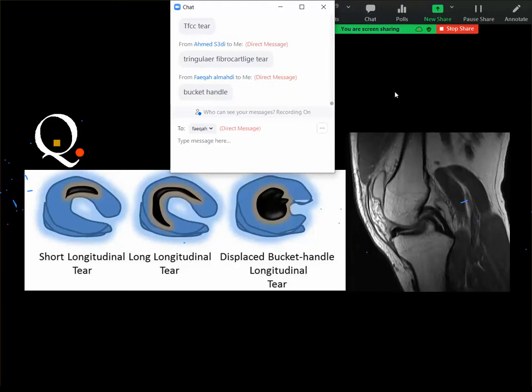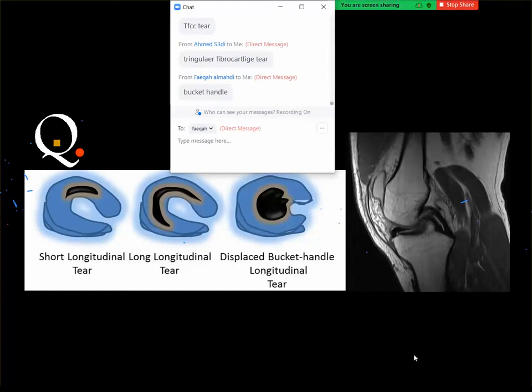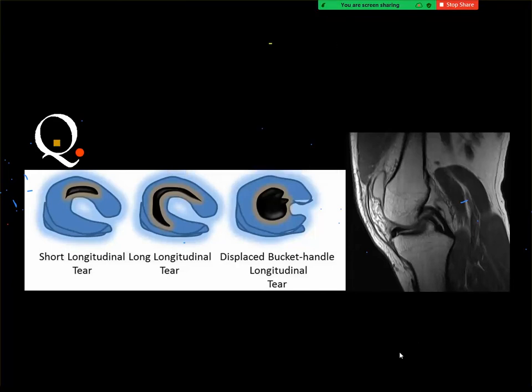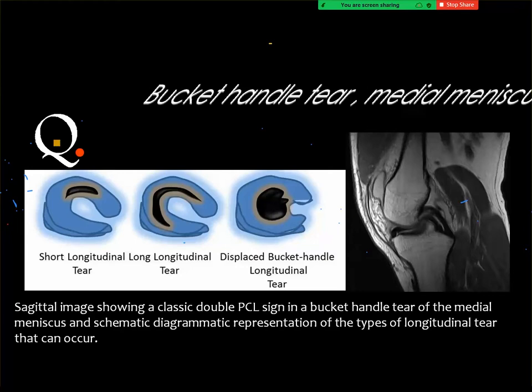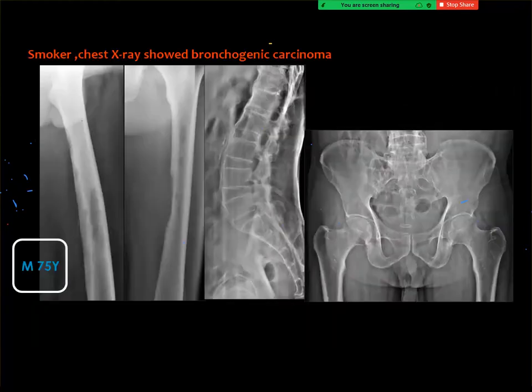This is bucket handle tear. Yes, you got the well-known sign, which is the double PCL sign, and these are the stages of the formation of the bucket handle tear, which starts as a short longitudinal tear, then becomes longer, then the medial fragment is displaced underneath the posterior cruciate ligament, and this is bucket handle tear.